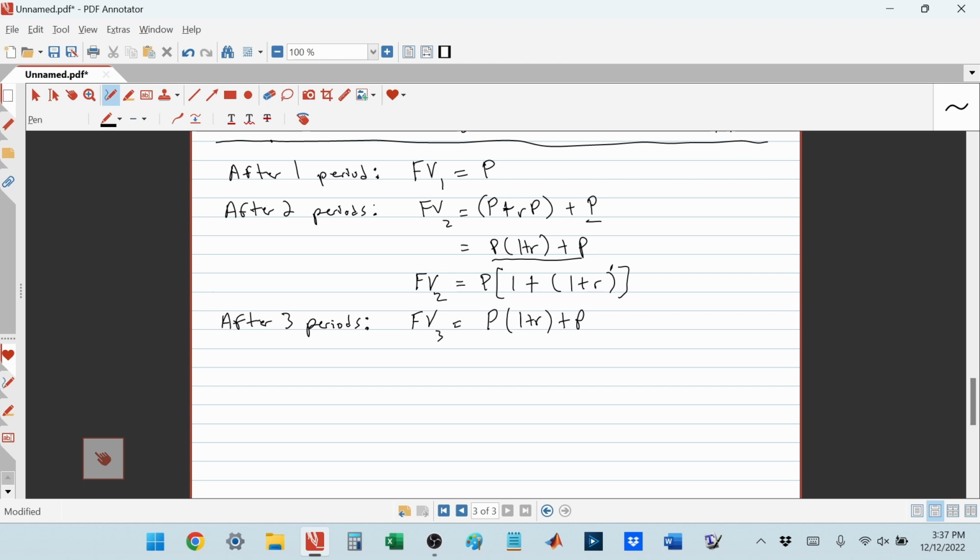We'll have that, plus we'll have the interest on that, plus at the end of the third period, we will put P into the account. So after 3 periods, our account will be worth this much. Now we can combine this term and this term.